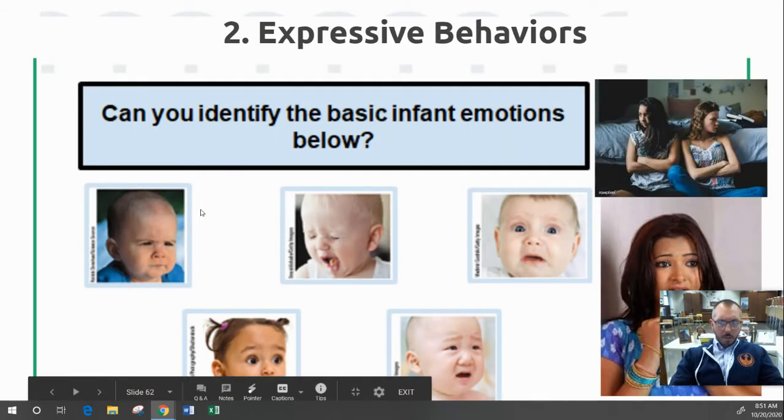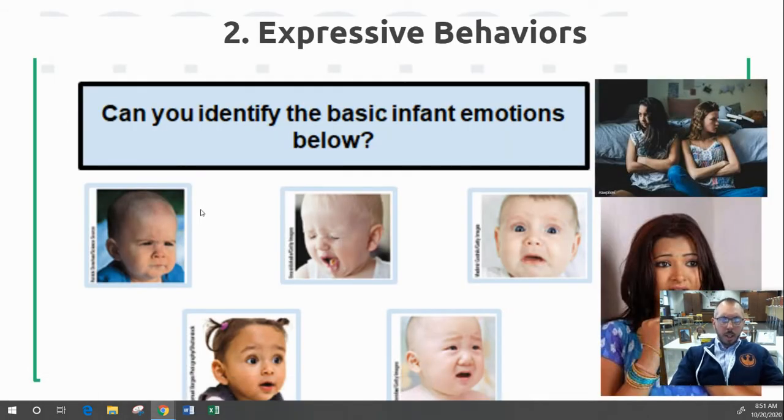You have expressive behaviors. So we'll talk about this a little more as we go through, but all of your primary emotions have facial features that really go along with that. Here you see the downturned brow and the squared off mouth, signs of anger. You see that upturned nose here as a sign of disgust.